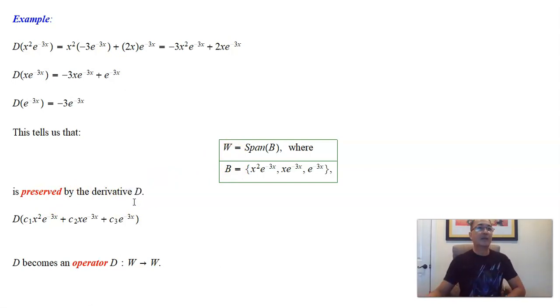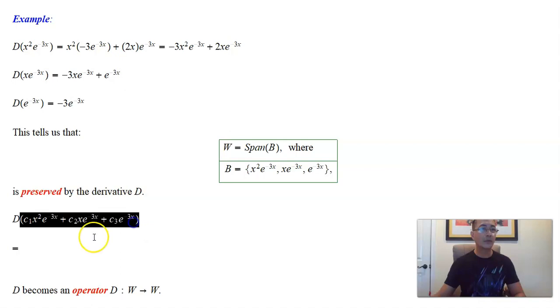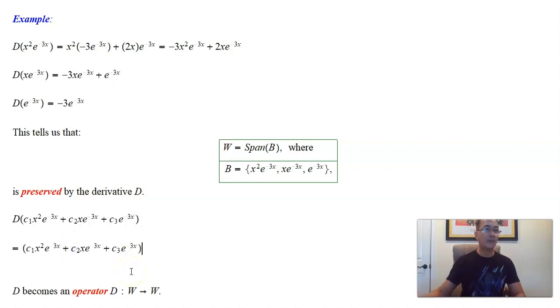To be more specific, if you have this linear combination from B, what would be its derivative? Well, linearity says I must take C1 times this derivative, C2 times this derivative, and C3 times this derivative. So we distribute.